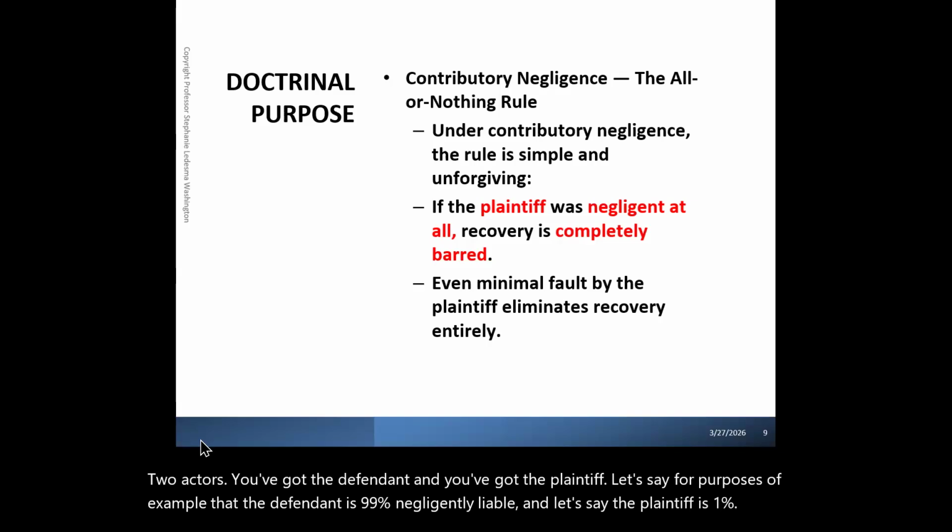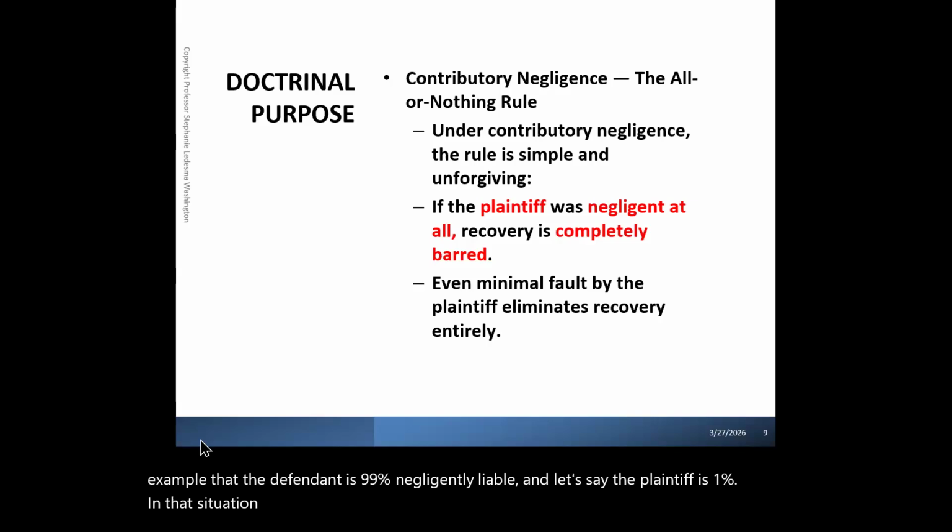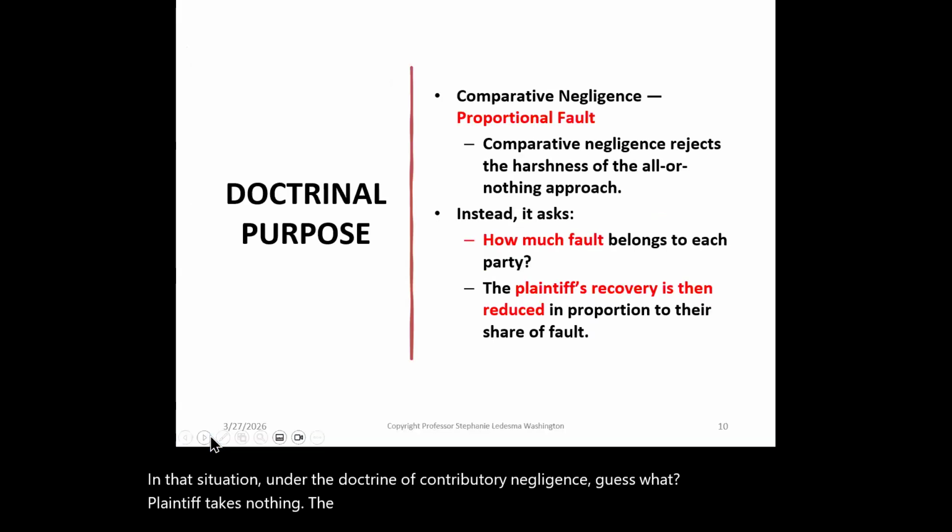In that situation, under the doctrine of contributory negligence, guess what? Plaintiff takes nothing. The plaintiff is barred. That's why contributory negligence is simple.